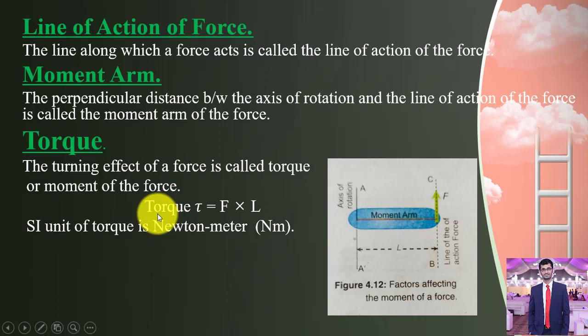Dear students, torque is denoted by the letter tau, which is equal to F cross L. It means that torque is the product of force and moment arm L. The SI unit of torque is Newton meter, that is Nm, which is obtained from this expression.